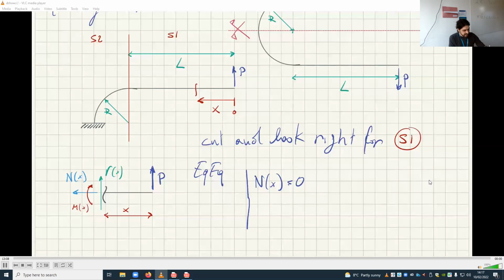V of X is minus P. And then M of X is P times X. I'm not writing the entire equation, I'm writing the solution already. You can write the equations yourself. At this point, I believe you should be able to write equilibrium equations.